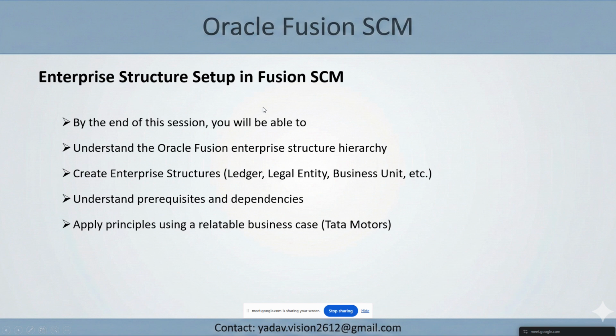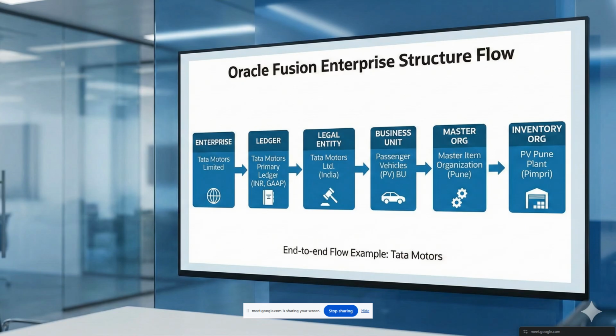Let me take you through it. I am taking Tata Motors as an example to give you a more detailed understanding of what exactly the enterprise is and how it works. Let's get started. This is the structure. In the Tata company, I have the enterprise, which is the company where I'm using the ledger.